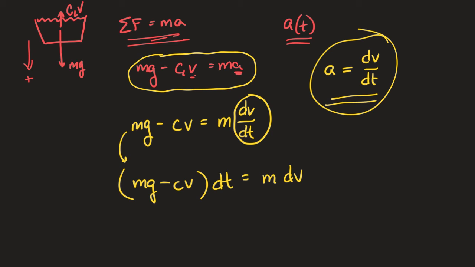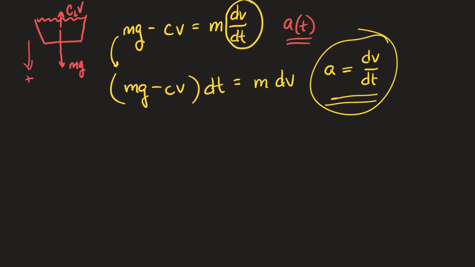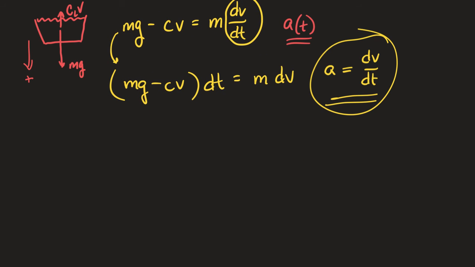Once you've done that, you need to get anything with v in it to the same side of the equation as dv, and anything with t in it to the same side of the equation as dt. Now, if you've looked carefully, you should notice that there is no t here. So the only thing I have to do is make sure this gets moved over to the other side of the equation.